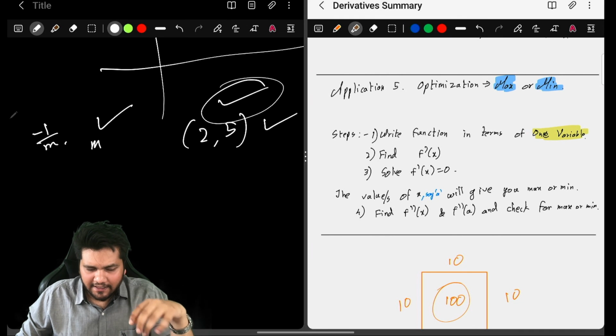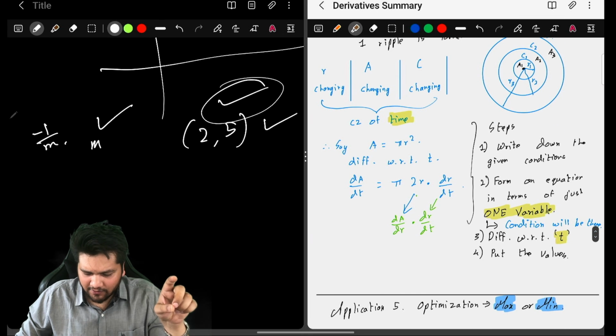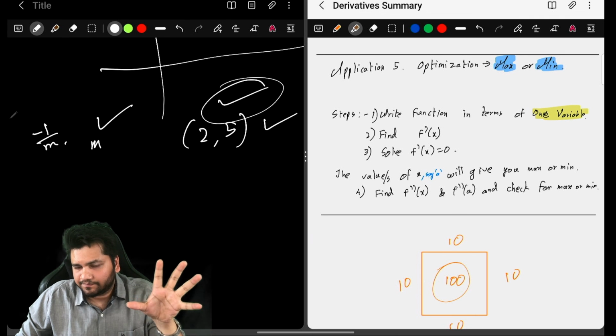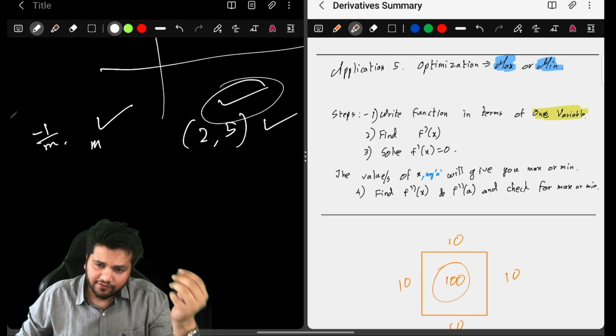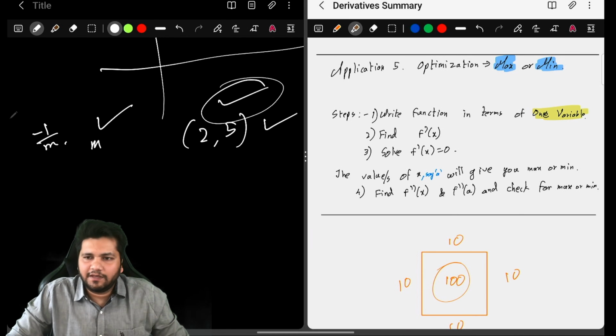What does that mean? That if I just convert a function in terms of one variable, again same procedure, this thing only, and then if I just find f dash of x where I'll get 0, that will give me minimum or maximum value. Same stationary point, you just have to figure out that x value, you just have to prove that it is maxima or minima.